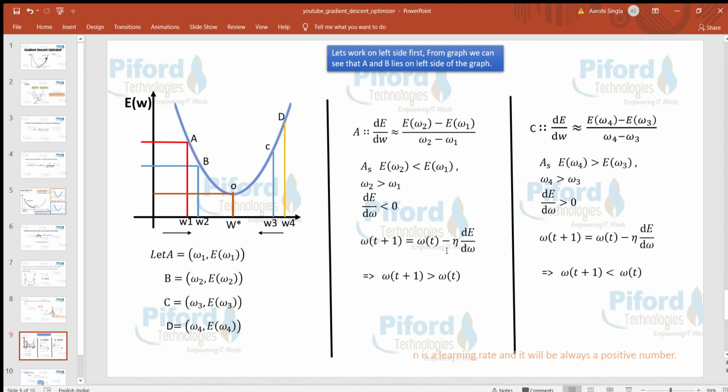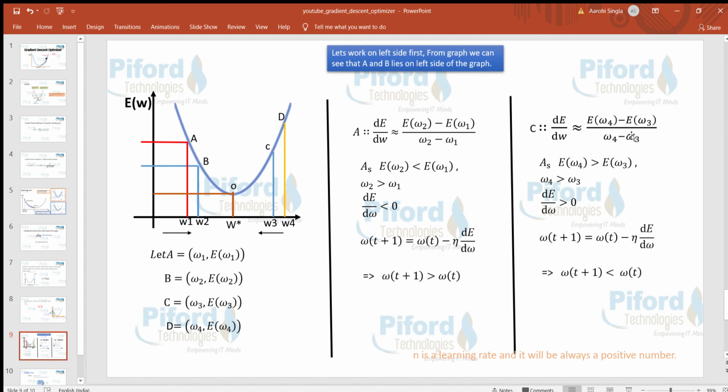That means we are getting a positive value. So we can simply say that the previous value will be smaller than the new value; the updated weight will be a bigger weight value than the previous weight value. I hope this is clear, right?